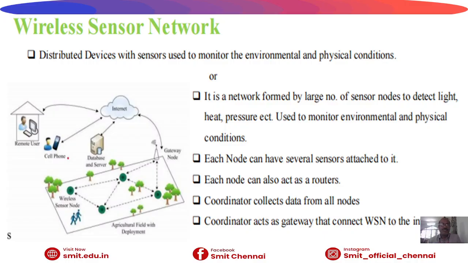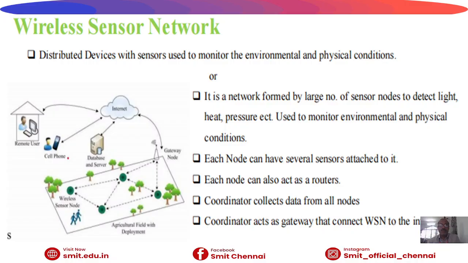So these are distributed devices with sensors used to monitor environmental and physical conditions. It's a network formed by a large number of sensor nodes to detect light, heat, pressure, water, etc. Each node has several sensors attached to it.